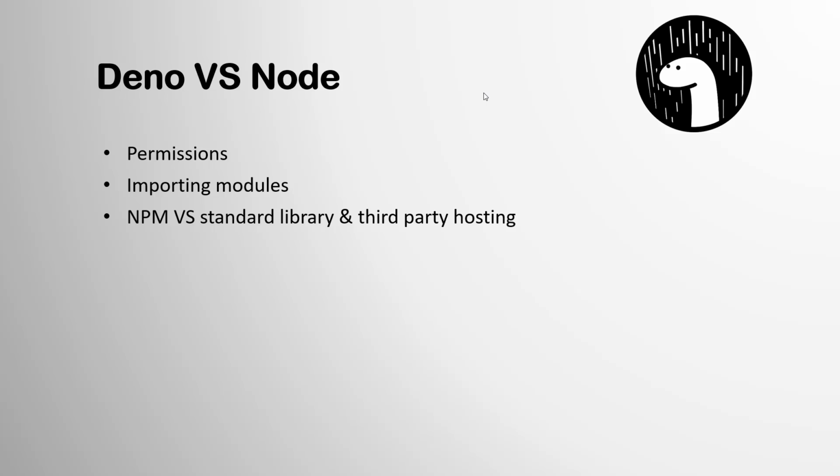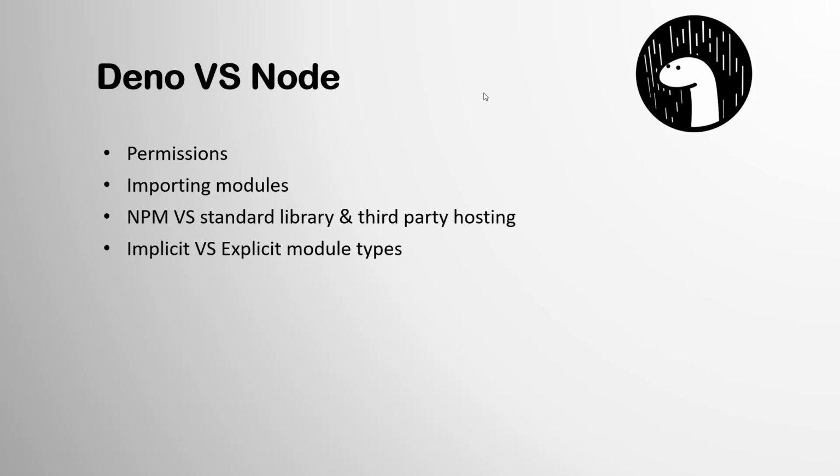There is also support for third-party hosting. What that means is that you could literally host your module anywhere. You could host it on a CDN, on your S3 bucket, on some cloud storage, on GitHub and GitLab, anywhere, because Deno will now allow you to import modules from URLs.